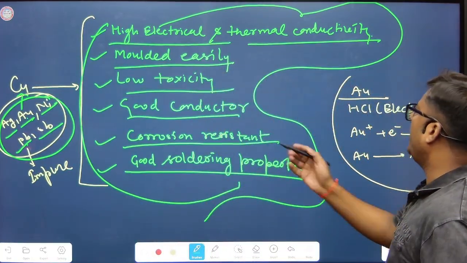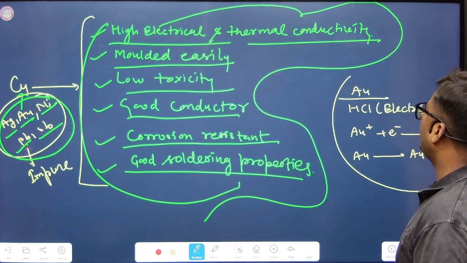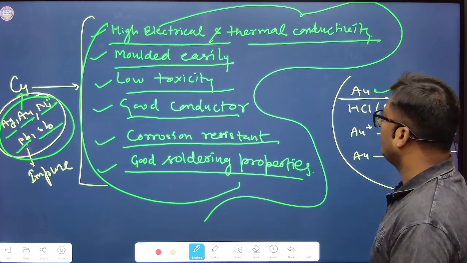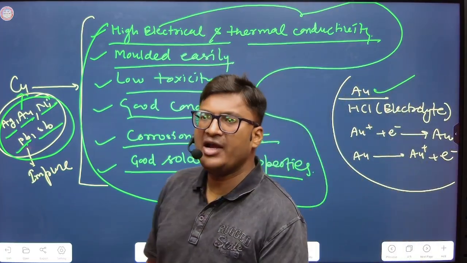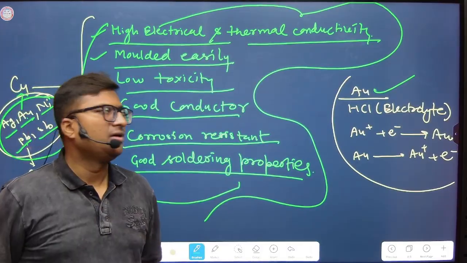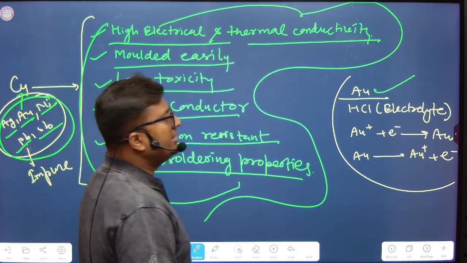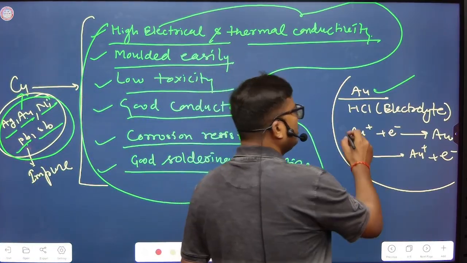Similar to copper electrorefining, the gold (Au) electrorefining process can be performed. In this process, HCl is the electrolyte, right?